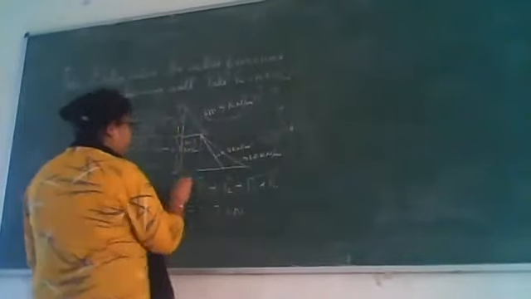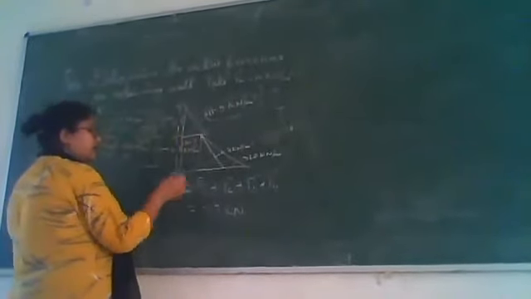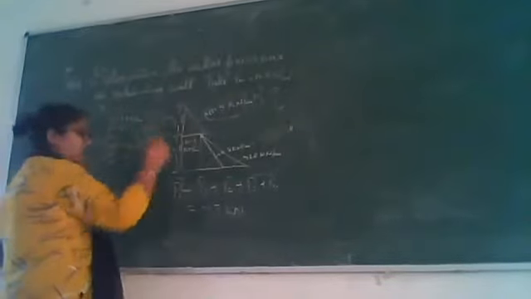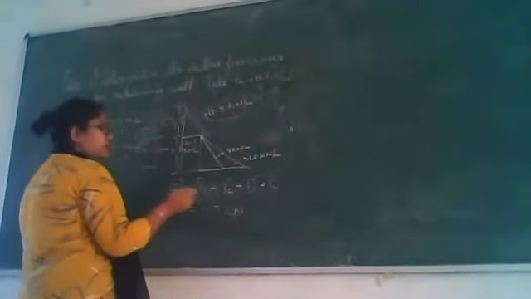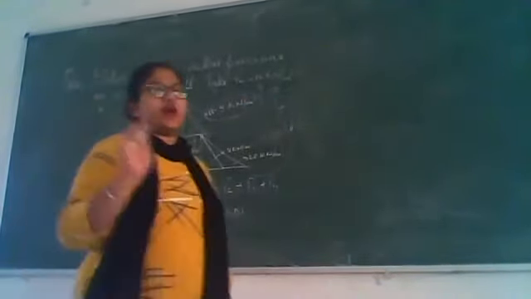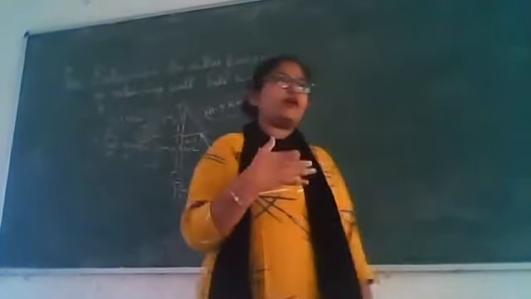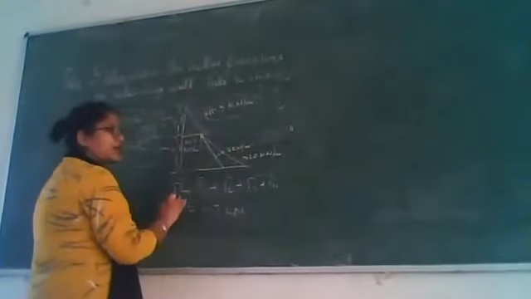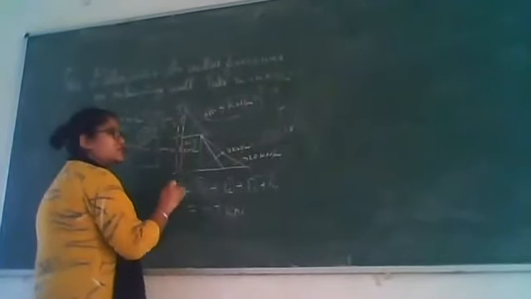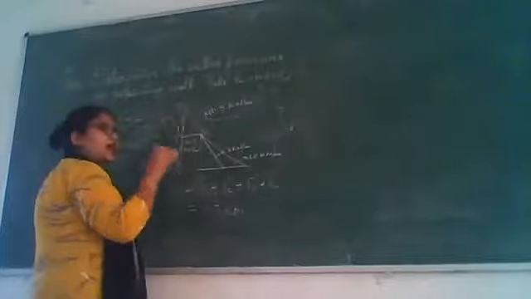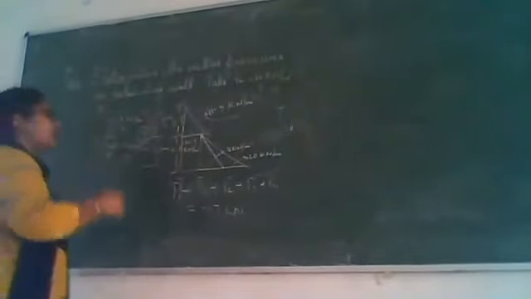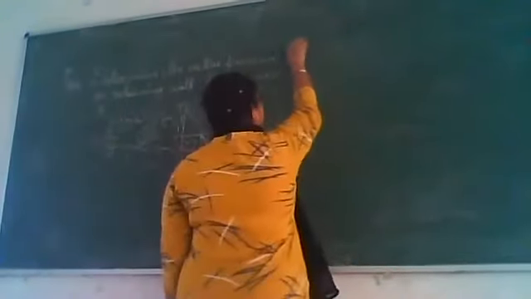This is my total pressure on this wall. We calculated that. Now the next step is calculating the location where this P is acting on this wall. So, let's calculate.